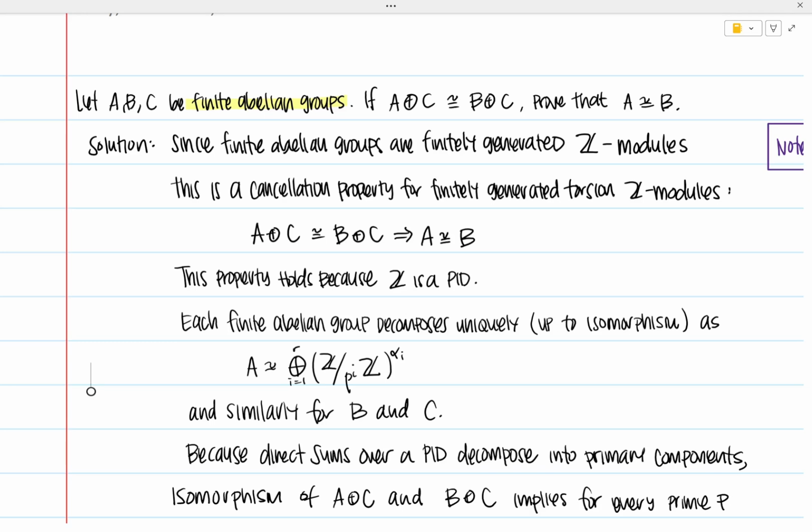If you think of A as a composite number, you can always decompose it as a product of powers of primes uniquely, right? That's the fundamental theorem of arithmetic. This is the fundamental theorem of arithmetic for finite groups. And for finite abelian groups, it's pretty much just number theory anyway.